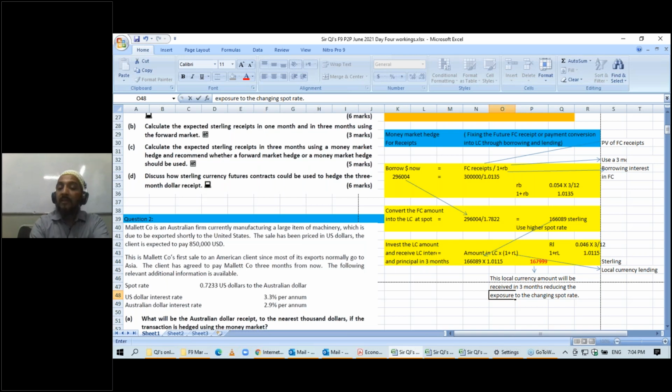Now the invested amount along with interest is received, but what happens to the borrowed amount? The borrowed amount will be repaid.